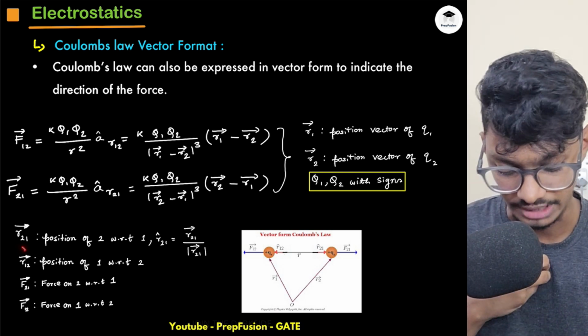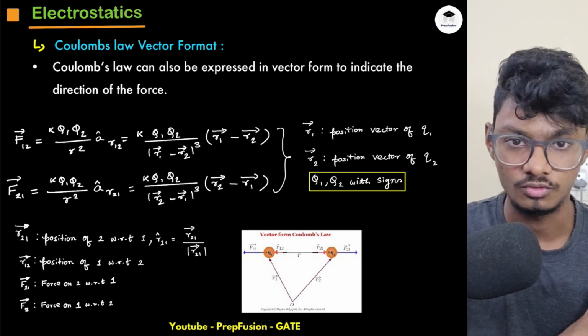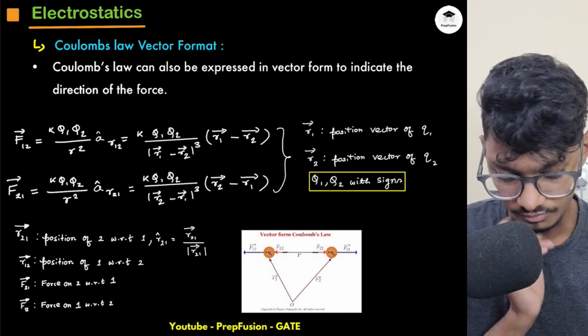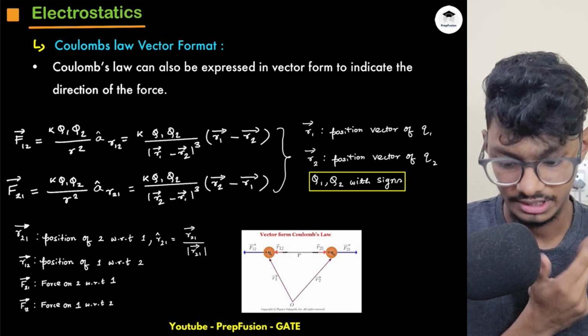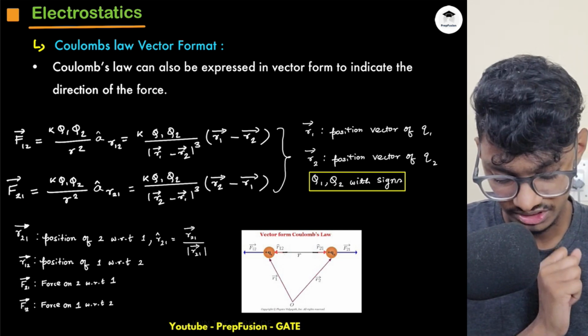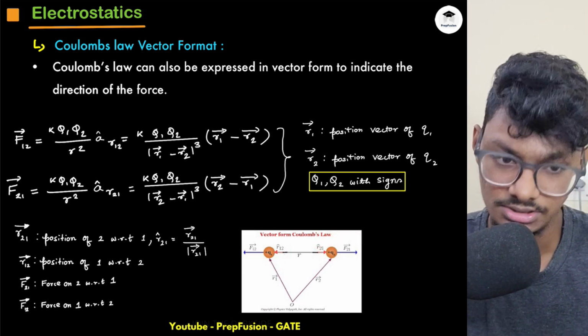I am following the convention that F12 means the force on 1 due to 2. F21 means the force on 2 due to 1, so basically due to 1, how much force I am receiving on the second charge.